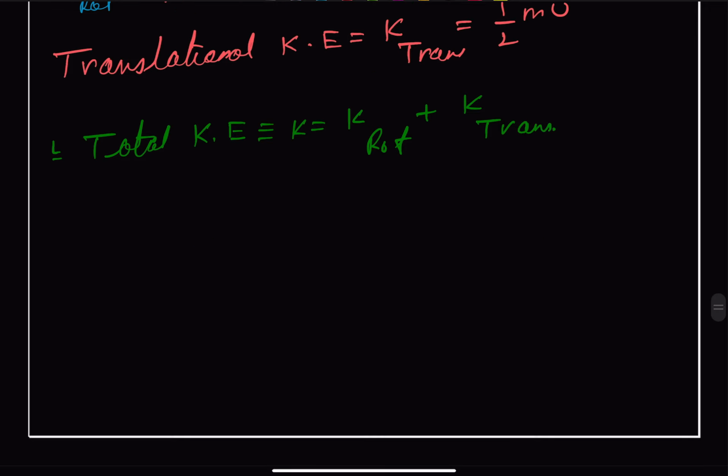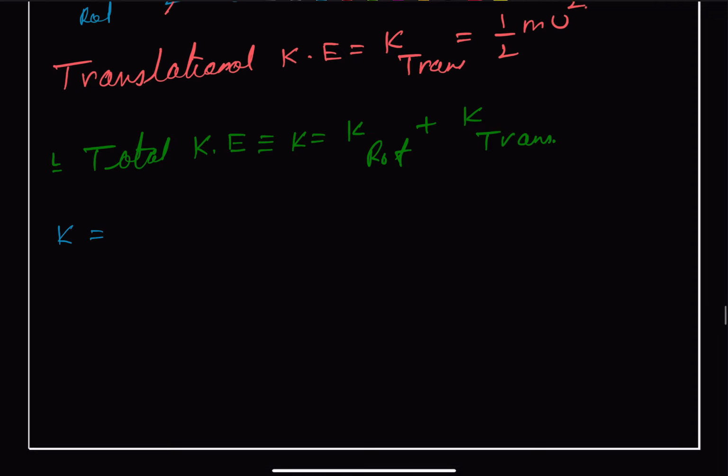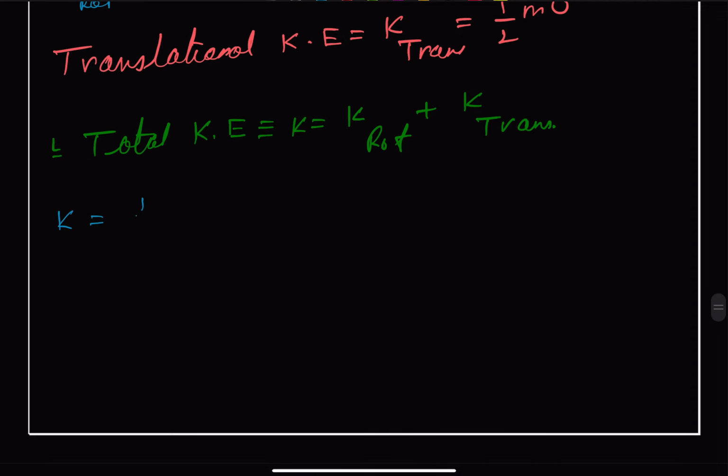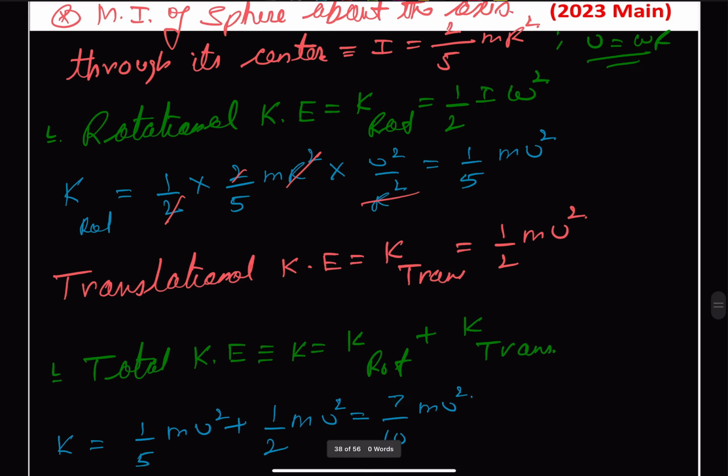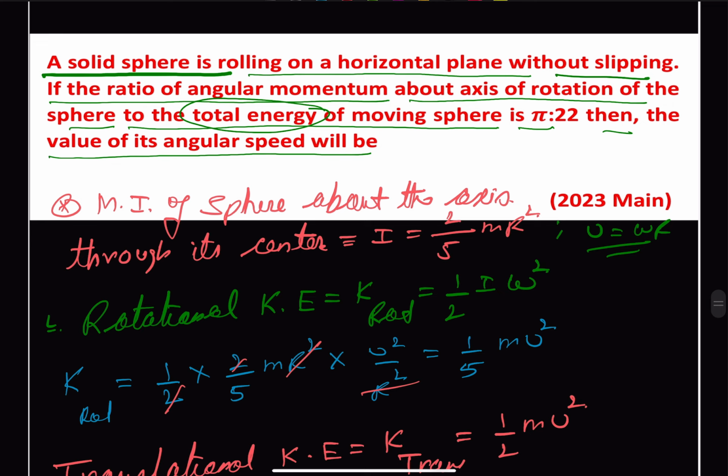So we get K is equal to 1 by 5 mv square plus 1 by 2 mv square, and this comes as 7 by 10 mv square. We found out the first part, that is our total energy. Now we have to find out the angular momentum.